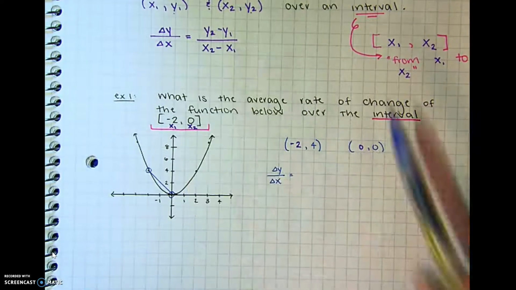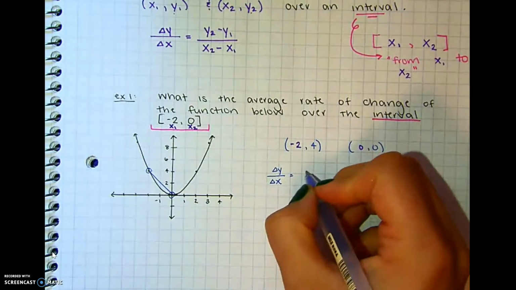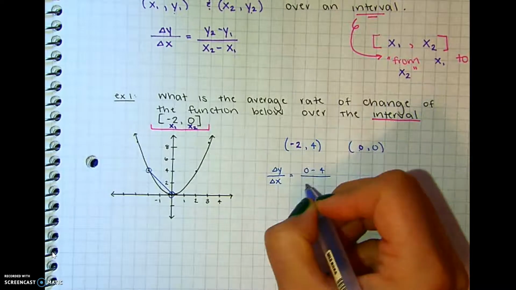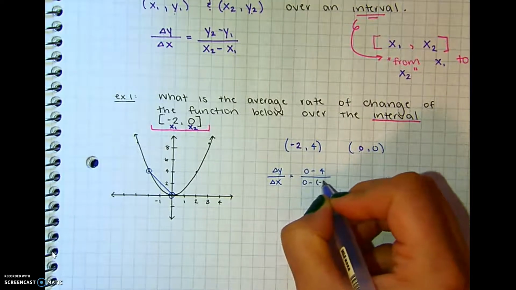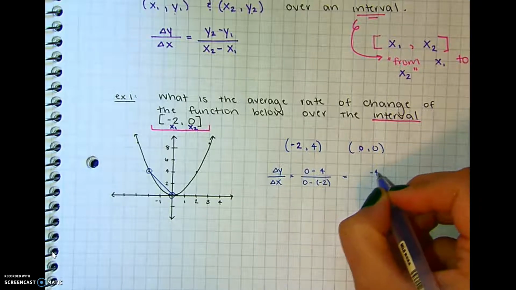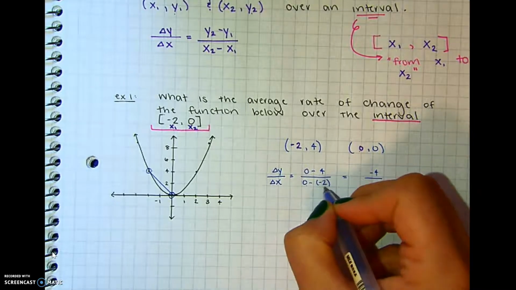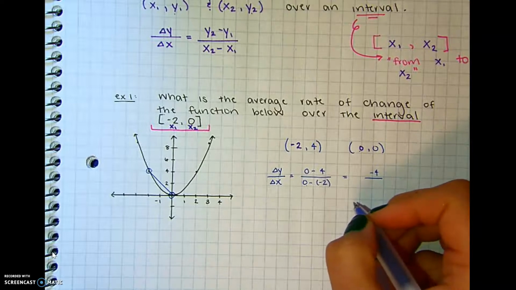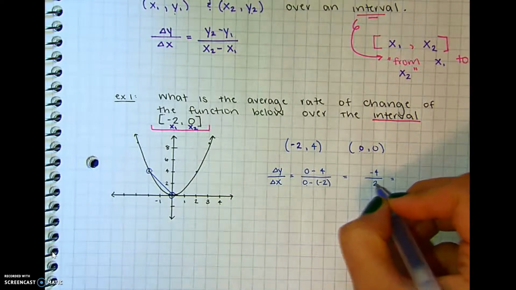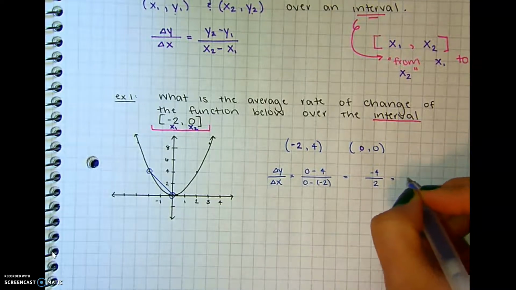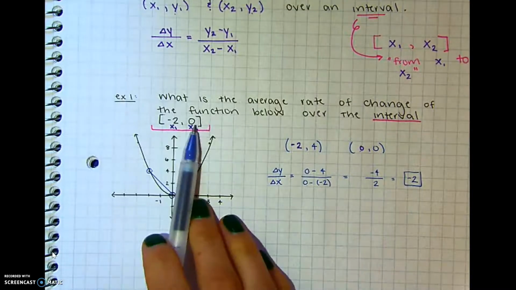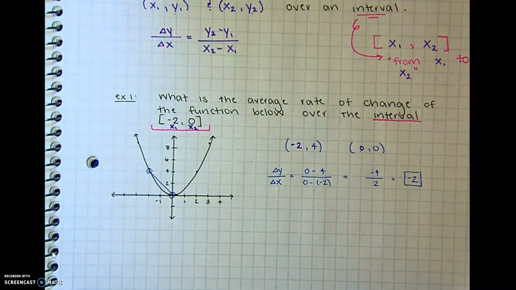So y2 minus y1, which is 0 minus 4 over 0 minus -2. And 0 minus 4 is -4. And 0 minus -2 is +2. -4 divided by 2 is -2. So the average rate of change on this interval is -2.